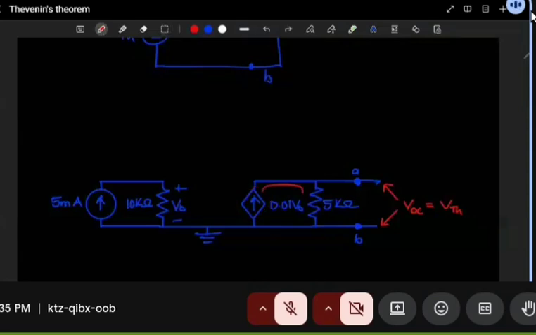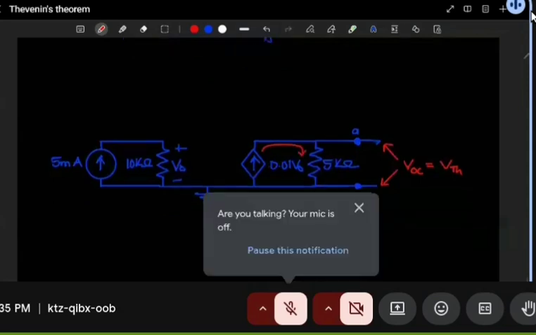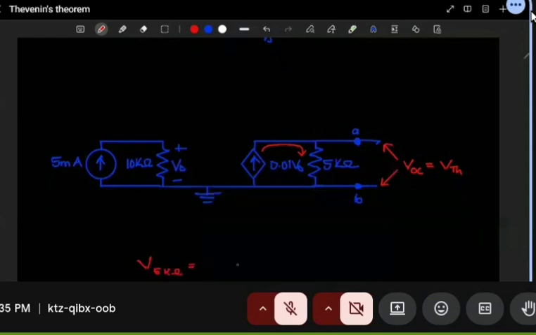So this is the current that will be passing through the 5 kilo ohms, meaning the voltage across the 5 kilo ohm resistor will be equal to the current that will pass there. Since the dependent current source is the one supplying the current, and it's supplying 0.01 V0, we'll multiply this by the resistance there to get the voltage drop across the 5.